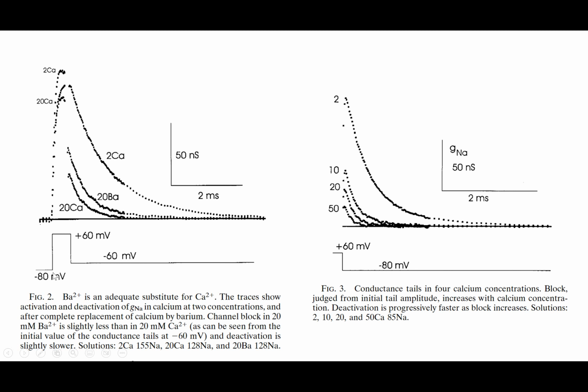So what they do is give this voltage step, open up voltage-gated channels, calcium channels, and then they look at the effect. If you use 20 millimolar calcium, you get this calcium wave, and it comes back down. If you use barium, you also get this current trace, and it's wider. So it's kind of interesting. There's the effect of switching out calcium for barium.